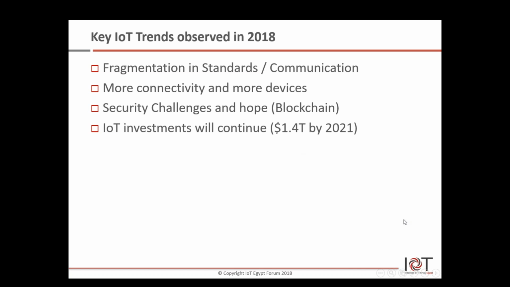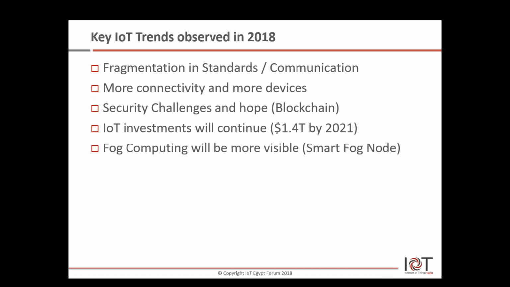Then we also see that there is a trend for what we call fog computing, which will be more visible. In this forum, the IoT Egyptian forum with ITIDA, there was another webinar explaining fog computing.